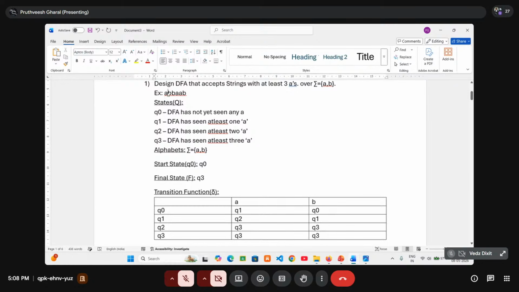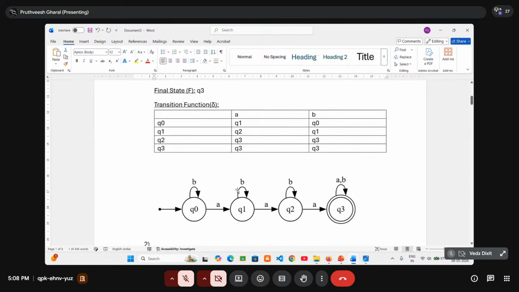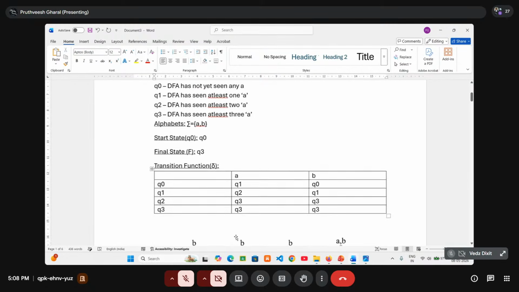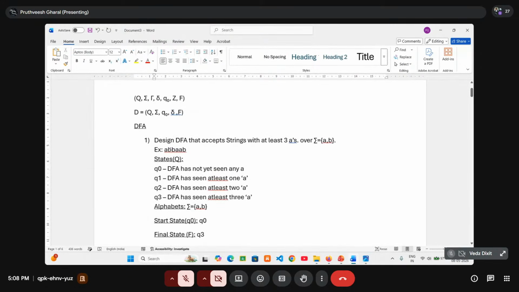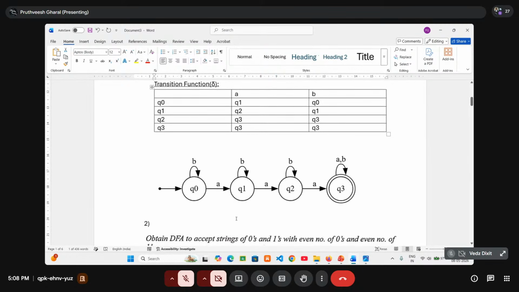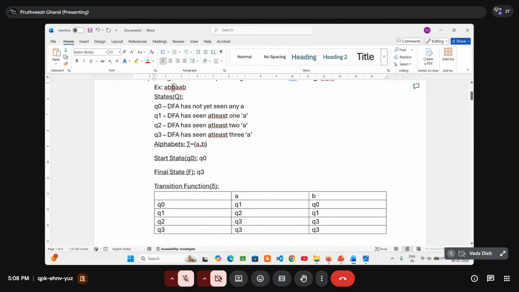Now here it reads input B. It will stay in the state Q1 only. It will not move. Now it takes the next input. It is B. It will stay in the state Q1 only.